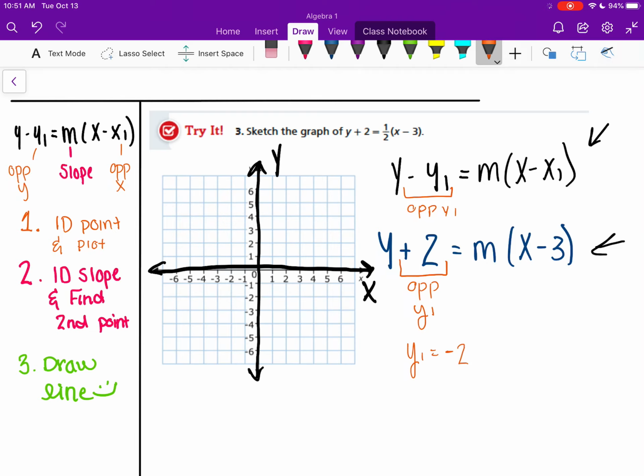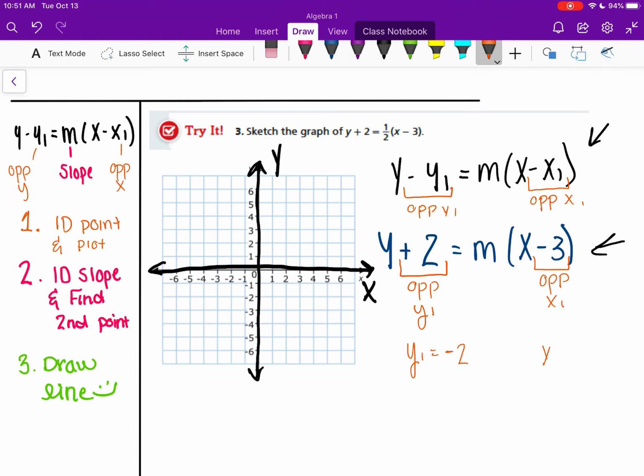All right, now we need to do that for our x. This minus x1 position represents the opposite x value. And we see that we have a minus 3 written in our given equation. So we want to do the opposite of that.